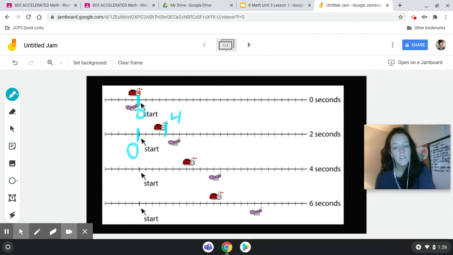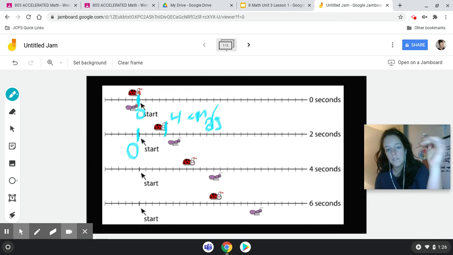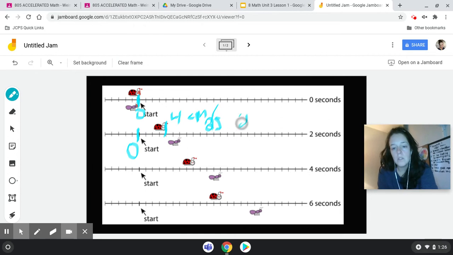So 4 centimeters in 2 seconds. If you're trying to figure out the actual pace, because technically we're looking at pace, but you can figure out speed and use that as well, you would take your 4 divided by 2, and it would end up being 2 centimeters per second. And that is for the ladybug.